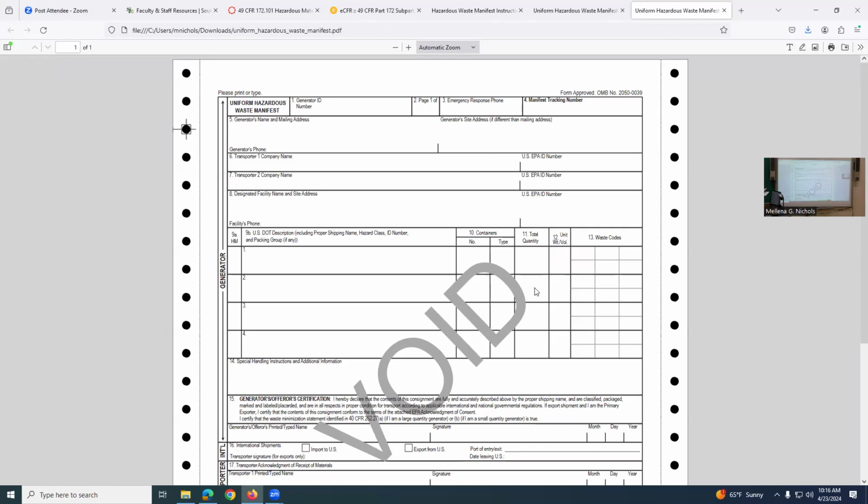Total quantity. So this one, the total quantity for the potassium permanganate, this one is a powder, not a liquid. And so instead of liquid gallons, we're gonna need to use pounds for this one, okay? So one of you may have to get out your phone and do a little bit of math here.